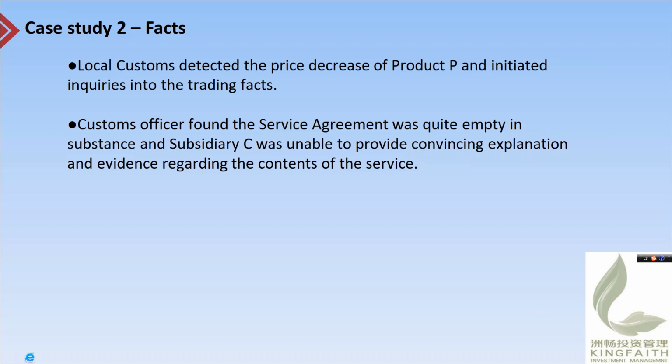That means the customs officer thought that there would be no substantial service contents in the agreement. So subsidiary C was unable to provide convincing explanation and evidence regarding the contents of the service.